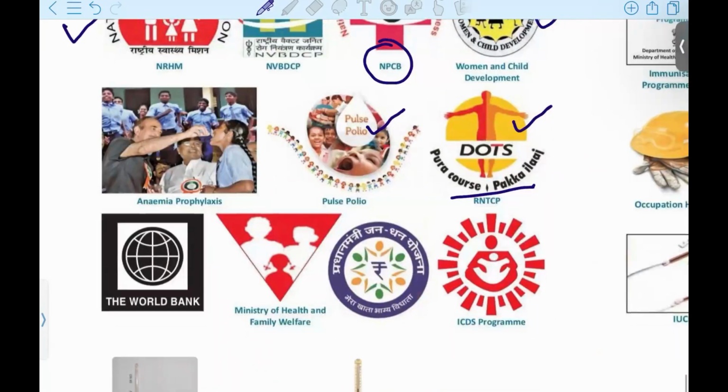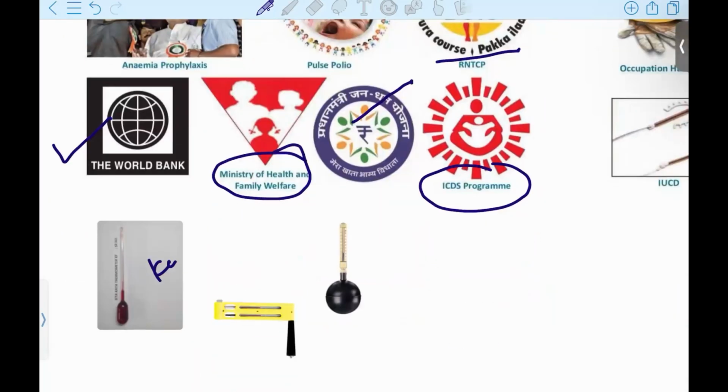And next one is anemia prophylaxis. The World Bank logo, this belongs to the Ministry of Health and Family Welfare. And this is for the Pradhan Mantri Jan Dhan Yojana. This is for the ICDS program, which will be in the Anganwadi centers. And this is the Kata thermometer, and this is the globe thermometer, and this is the sling thermometer.